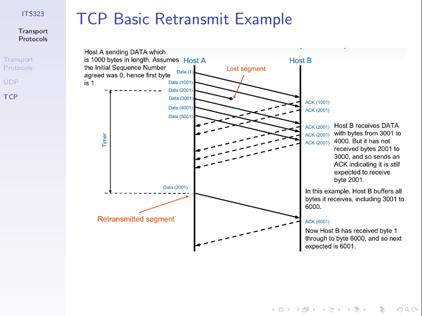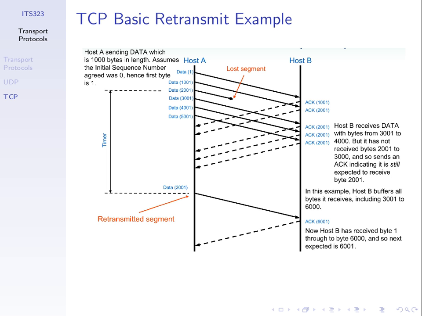So if we drew those segments, let me draw them differently. We have 6,000 bytes of data. They're divided into 6 segments from 1 up to 6,000. So when we send the first segment, the sequence number will be 1.